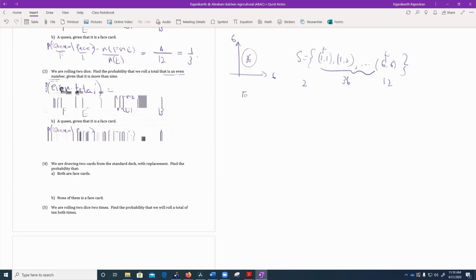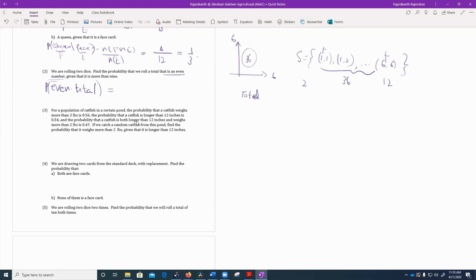So the totals which are even are going to be 2, 4, 6, 8, 10, and 12. Now we look at the outcomes that give the total 2, 4, 6, 8, 10, or 12. To get 2, my outcome would be 1,1.